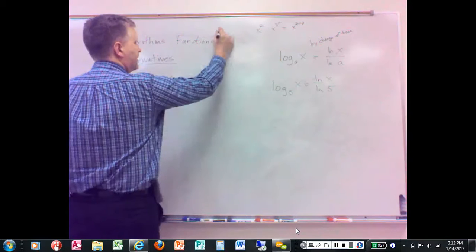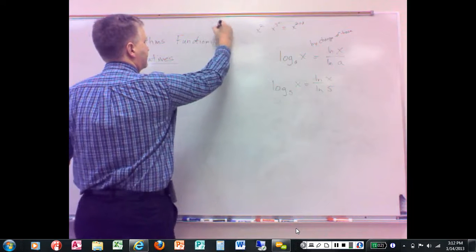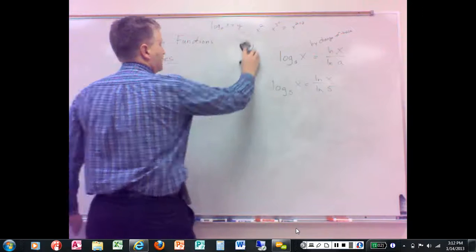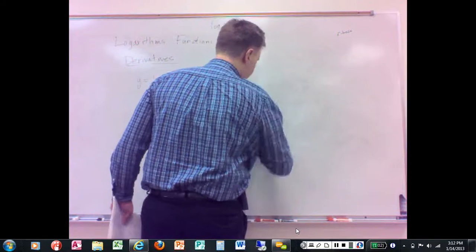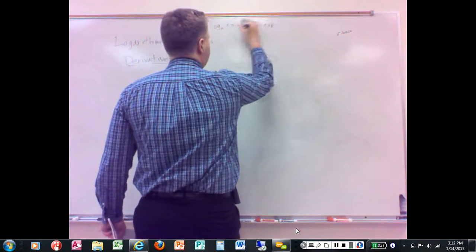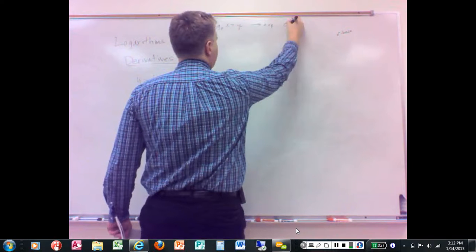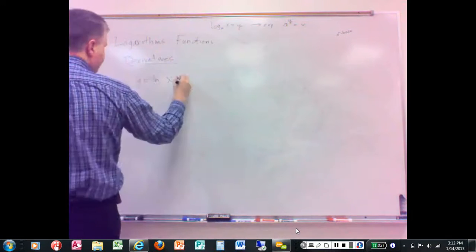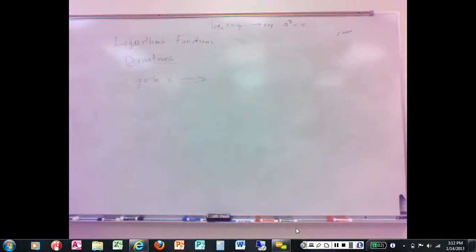Remember, if I've got logarithm base a of x equals y in log form, then the exponential form is the base a to the y power equals x. Well, let's do that for this one. Change that over to the exponential form.